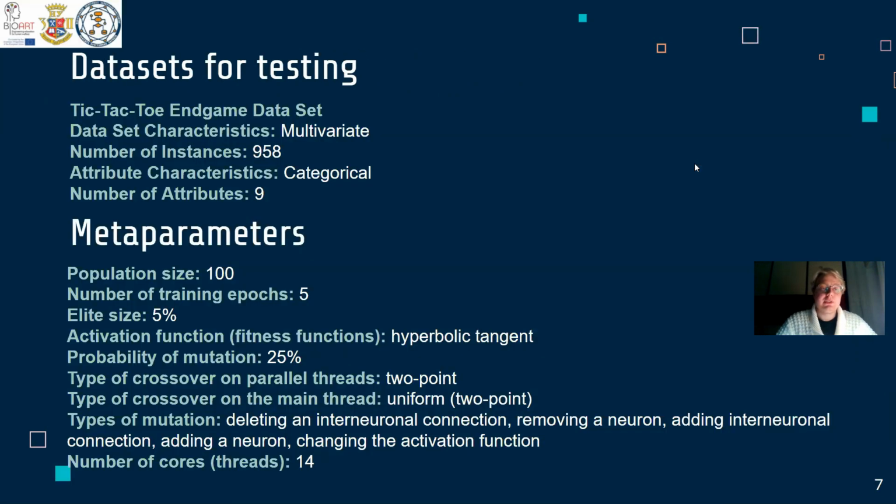On the next slide, you can see some information about the dataset which will be used during the training, and some meta-parameters, because when we talk about the neuroevolution approach, we usually talk about meta-parameters which can change. We have some difficulties at this stage, because Count-Min Sketch and the Bloom filter can make some changes in the structure of the coding information.